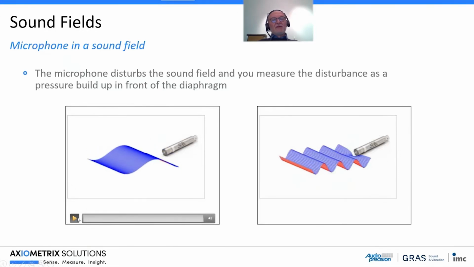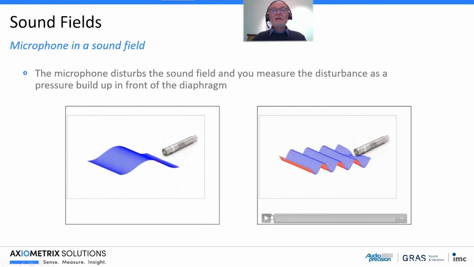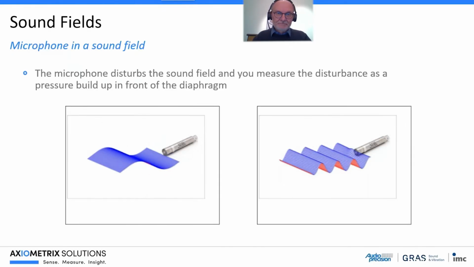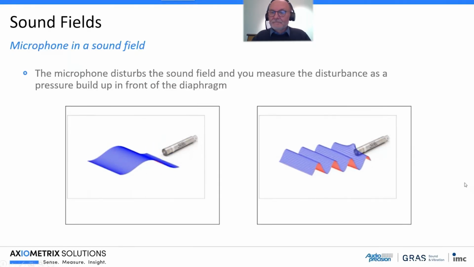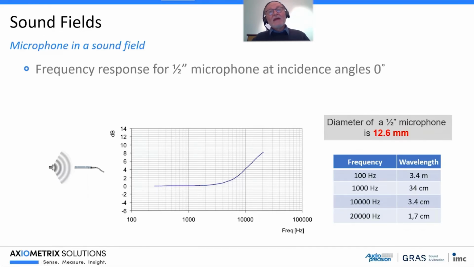It can be shown here. Low frequencies, no pressure build-up. Higher frequencies, we will see this pressure build up in front of the diaphragm. If we look at it again, with our microphone pointing directly at the sound source, here is a half-inch microphone compared with the wavelengths at different frequencies.